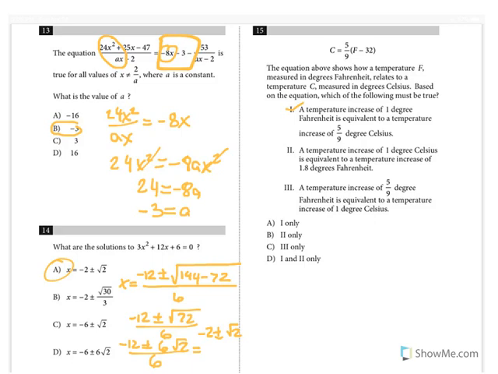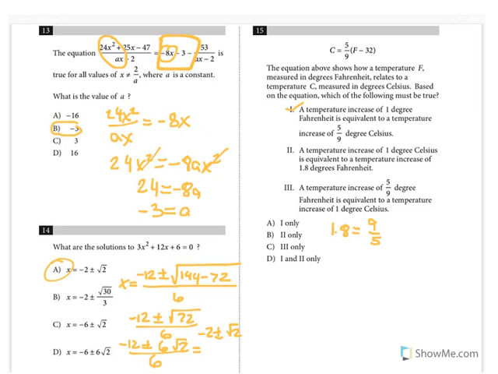If we increase that F by 1, we have our multiplier 5/9, so that's going to increase our C by 5/9. A temperature increase of 1 degree Celsius is equivalent to a temperature increase of 1.8 degrees Fahrenheit. A little tricky here: 1.8 equals 9/5.